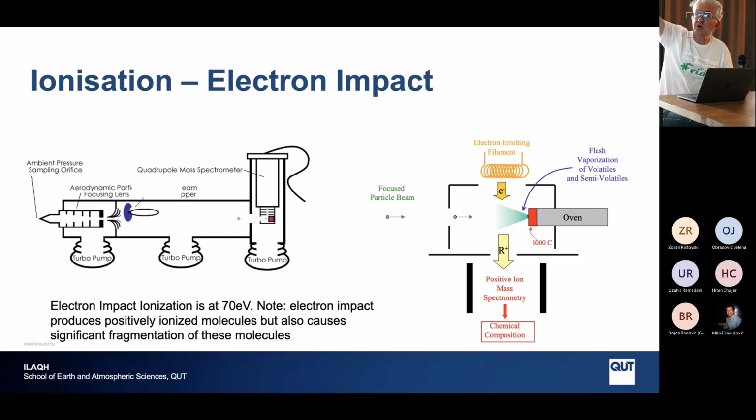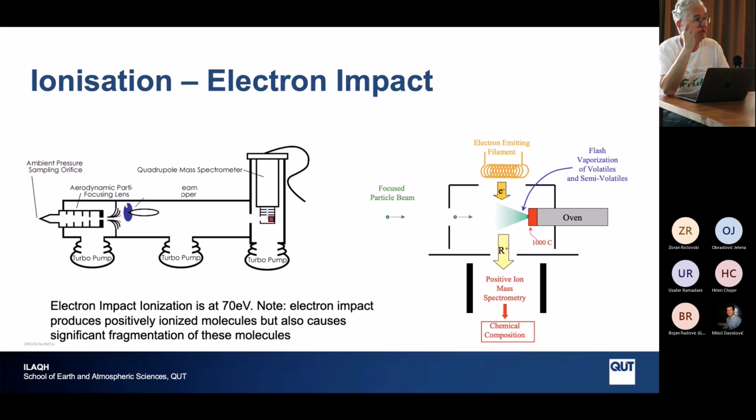We're going now from top to bottom. The electron filament at the top emits electrons, you accelerate them, they go into the vapor which you just evaporated, and they ionize the molecules, which become positive ions, because electrons don't attach themselves to the molecule. They have a very high energy, so they actually break the molecule apart.